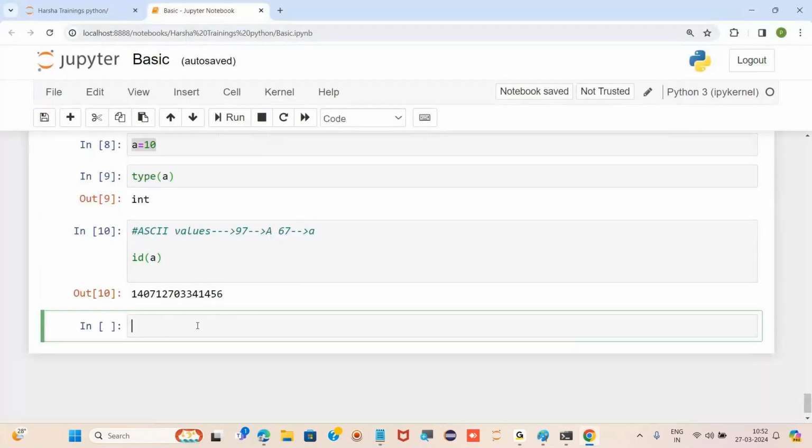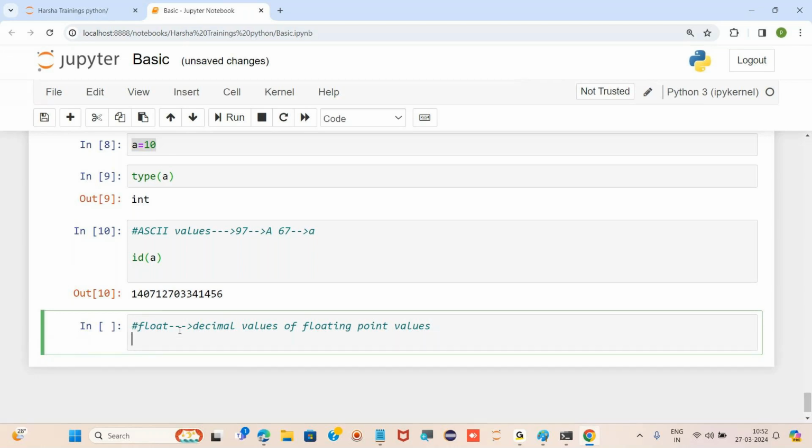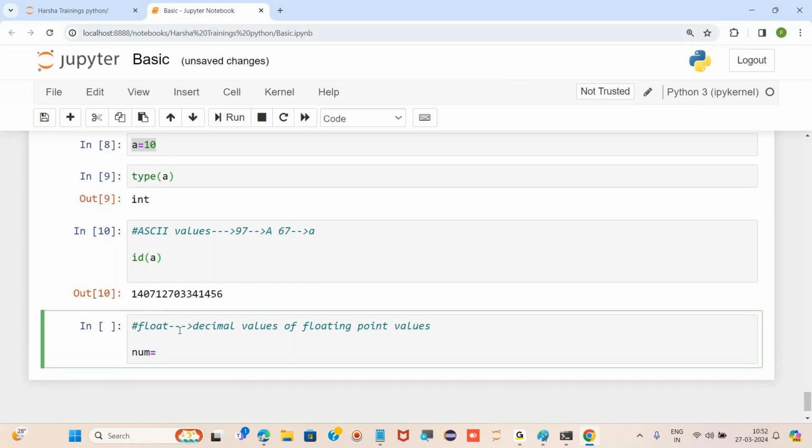Now we'll see float. Float is nothing but decimal values, or floating point values. What are floating point values? Let's suppose I am writing number is equals to 12.8. That comes under floating point values, which have decimals.